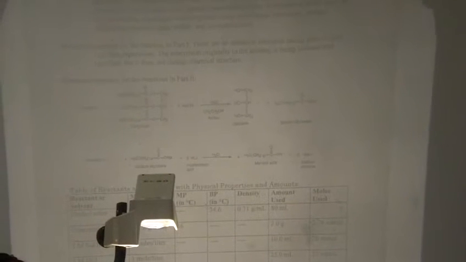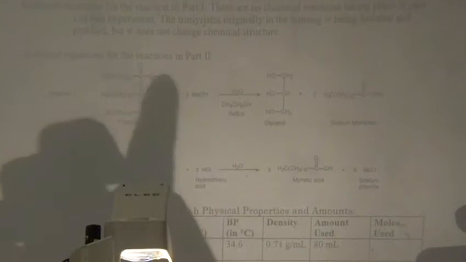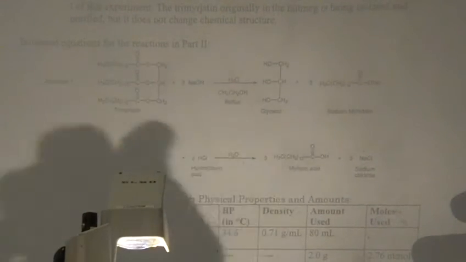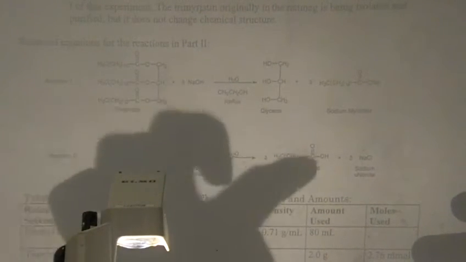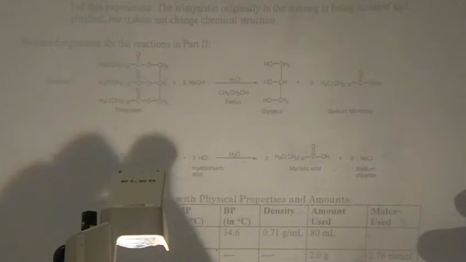Okay, so the second part of the experiment, and the part that we will do next week, does involve a reaction, and there are 2 of them. We will hydrolyze our trimyristin using sodium hydroxide, and we will talk about the stoichiometry of this reaction next week, okay? So that's one thing that's really key to this, but this stoichiometry is correct.